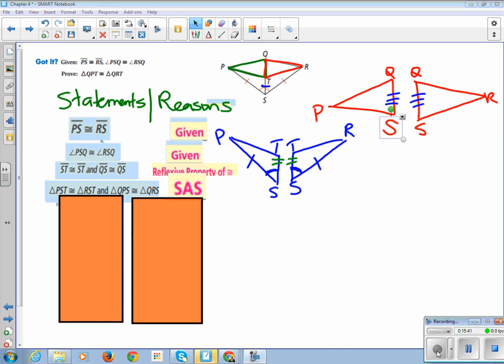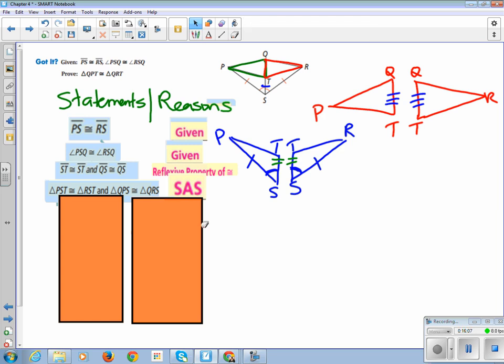Okay, so we're going to add a third set of triangles here. And if I could just stop mislabeling my triangles, life would be so much easier. Okay, so we're going to make this triangle here PQT and QRT.